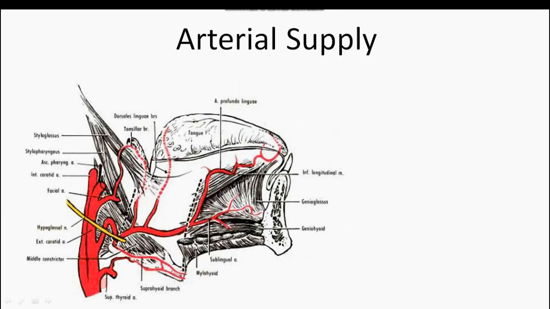Arterial supply of tongue. Here we see this is the common carotid artery, and it diverges here. This is the external carotid, and this one is the internal carotid.